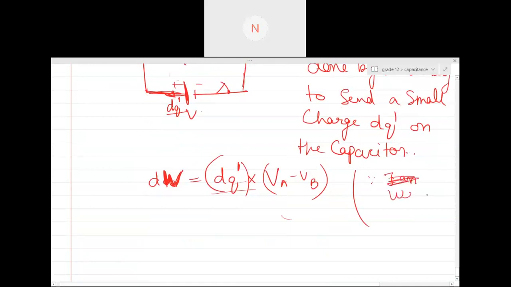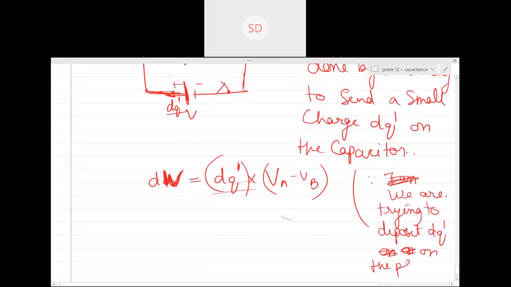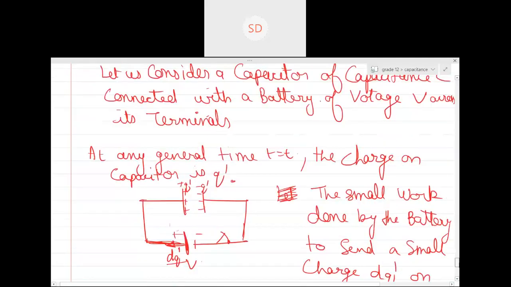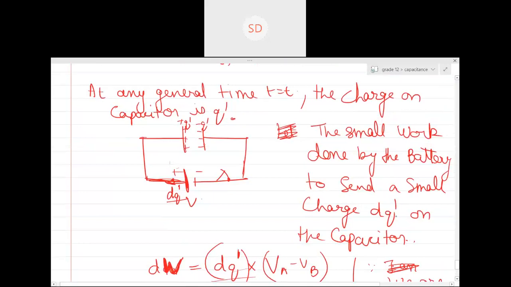So basically, the work done by the battery to send a small charge on the plates of the capacitor.